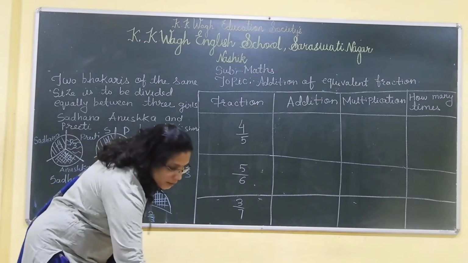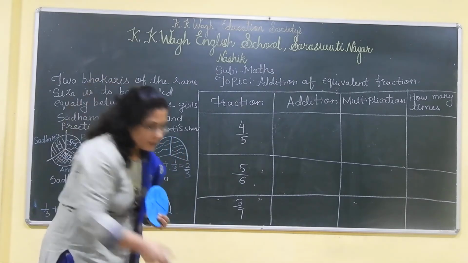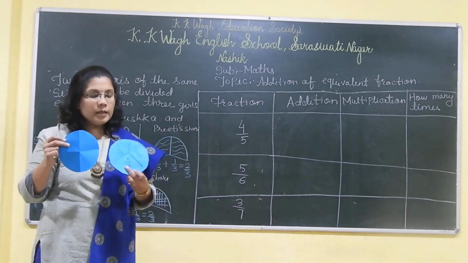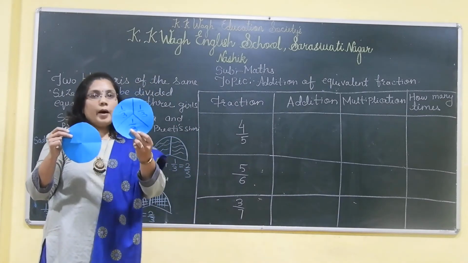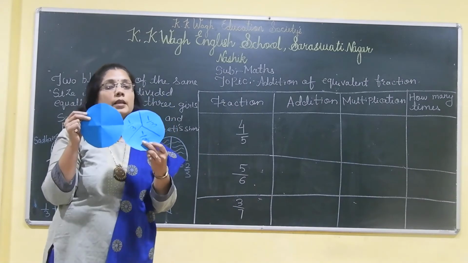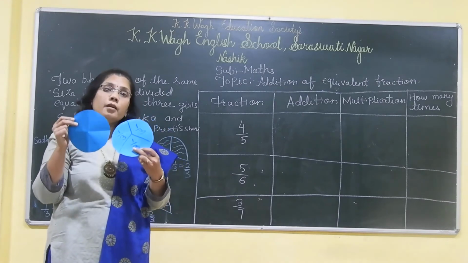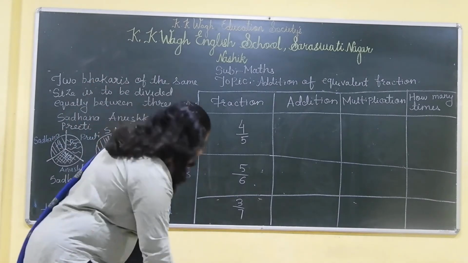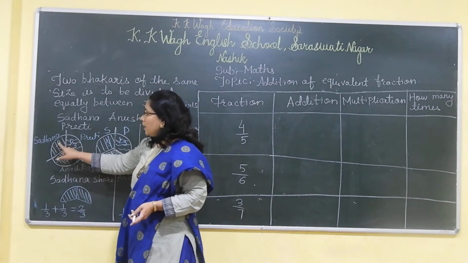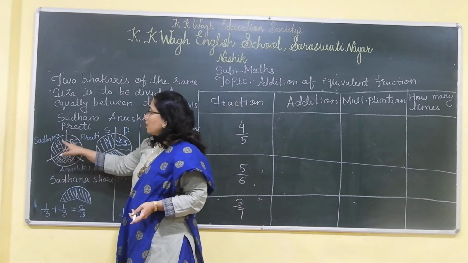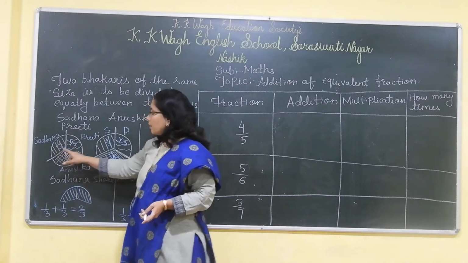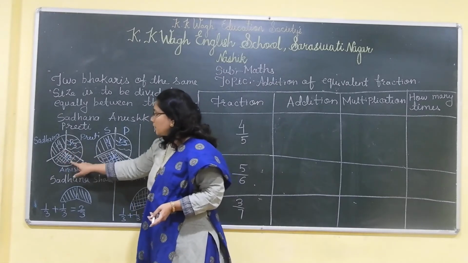Means suppose this is 1 bhakri and this is another bhakri. Okay? In this bhakri I have shown the parts, and in this I have not shown, but we have to divide these 2 bhakris into 3 equal parts for the 3 girls. Okay? So I have shown here Sadhana's part, you can see, and I have given here the number 1, this is the 1/3 part, this is the 1/3 part, and this is the 1/3.